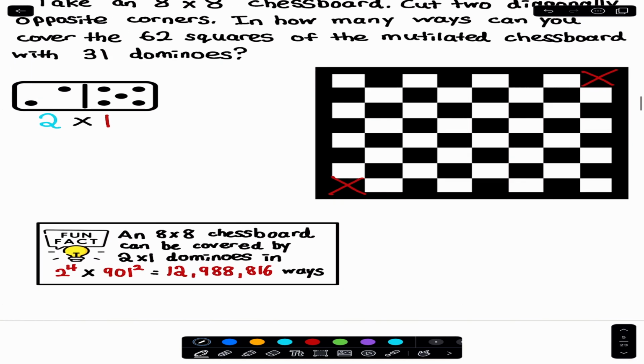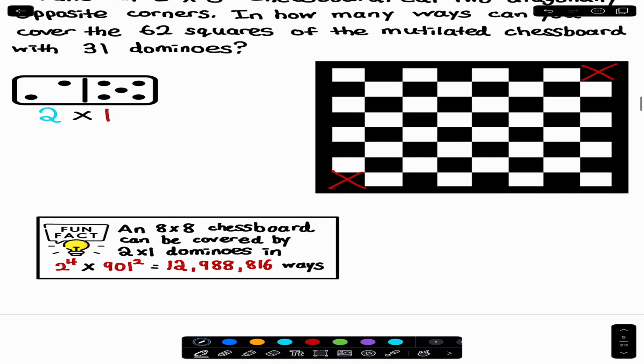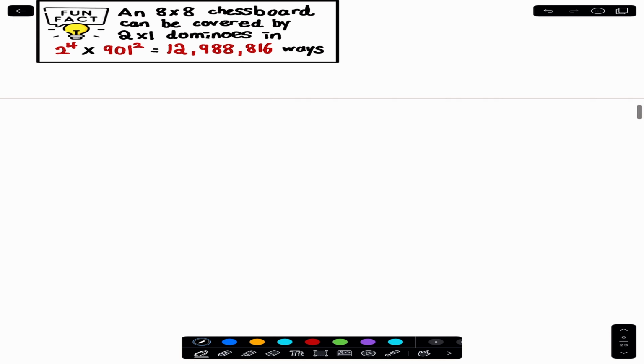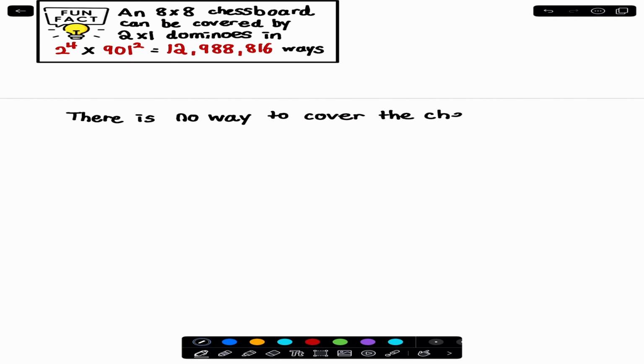I'm going to guess you weren't successful at tiling this chessboard with 31 dominoes, and I can say that pretty confidently. You know why? Because here is our answer. There is no way to cover the chessboard.